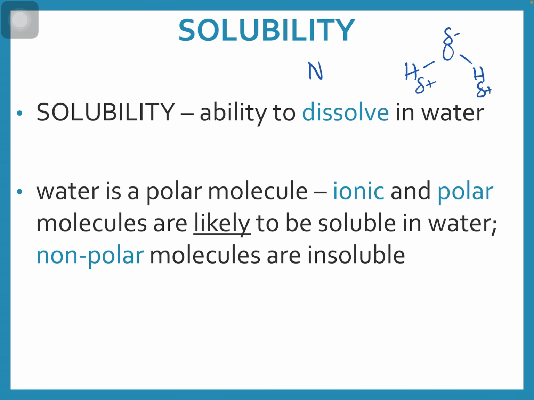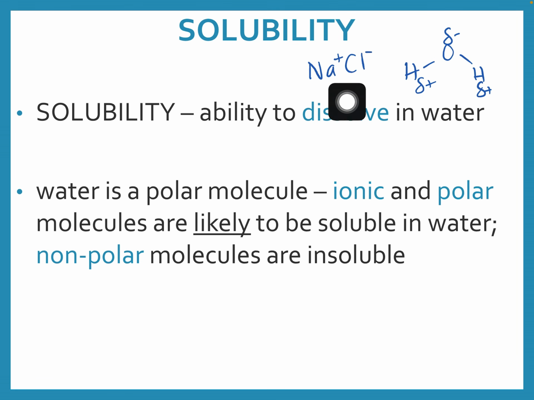So if I have sodium chloride, the bond between the positive sodium cation and the negative chlorine anion is very strong. But once sodium chloride is put into water, these can separate because of the attraction to the positive and negative regions of water.